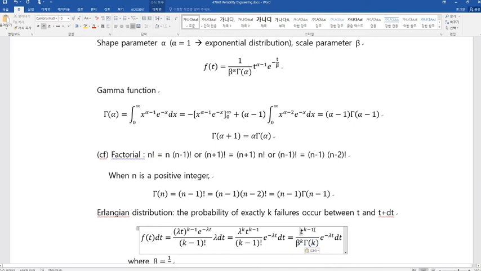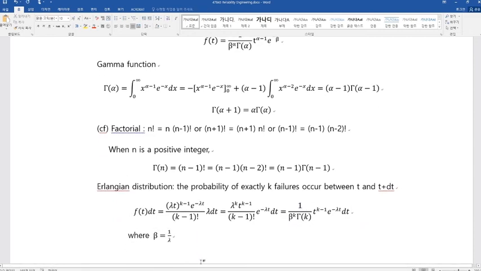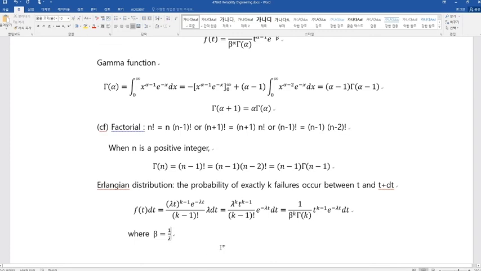And now we may define alpha as k. Then, if alpha is k, and beta is 1 over lambda, then k can now be rewritten as alpha.